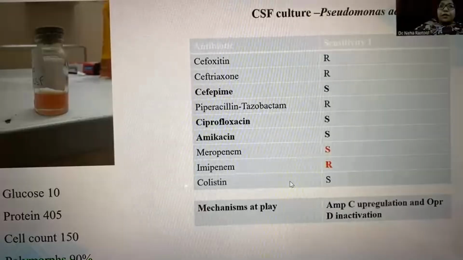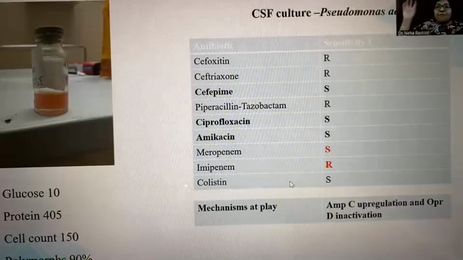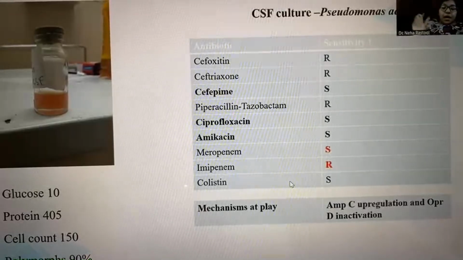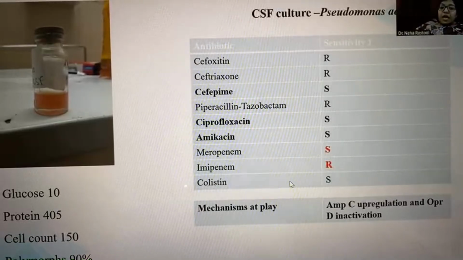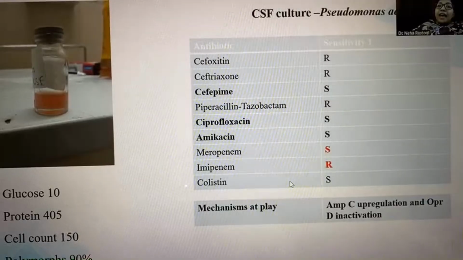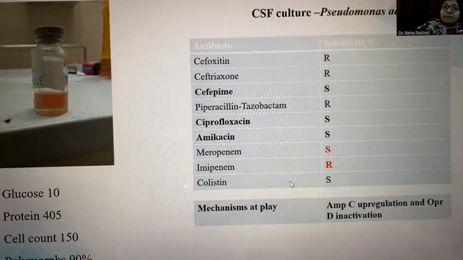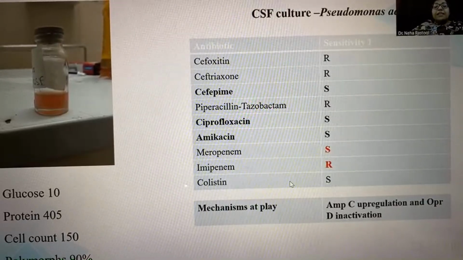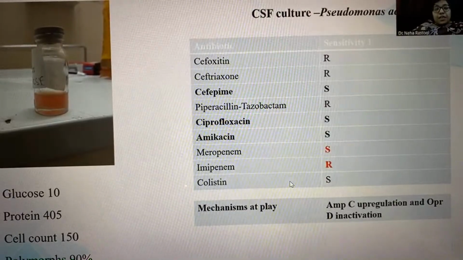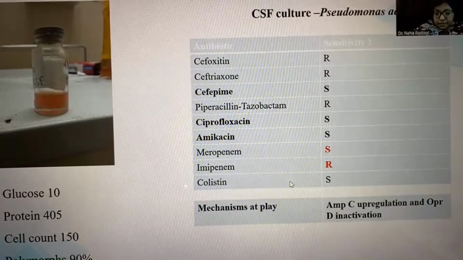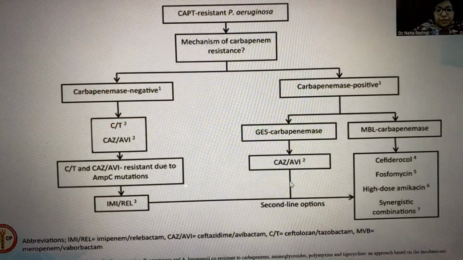One very important thing, though they all sound the same: ertapenem is not used at all for Acinetobacter and Pseudomonas. And in Pseudomonas, there can be a scenario where meropenem is sensitive but imipenem resistant, and that is not only because of enzymes but also because of efflux pumps or the OprD mechanisms, as I mentioned in the previous slide.